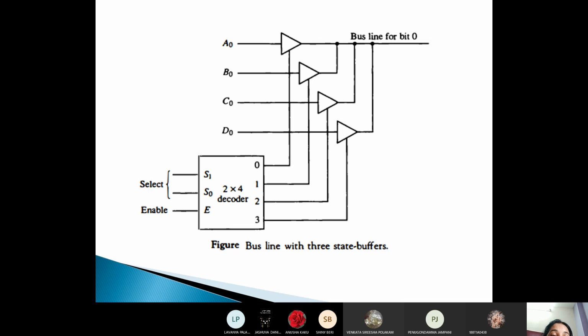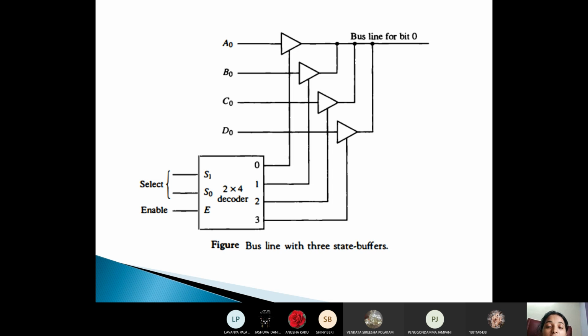It is distinguished from a normal buffer by having both the normal input and the control input. Both the input and the control input determine the output state. When the control input is equal to 1, the output is enabled and the gate behaves like any conventional buffer with the output equal to the normal input. When the control input is equal to 0, the output is disabled and the gate goes to a high impedance state.